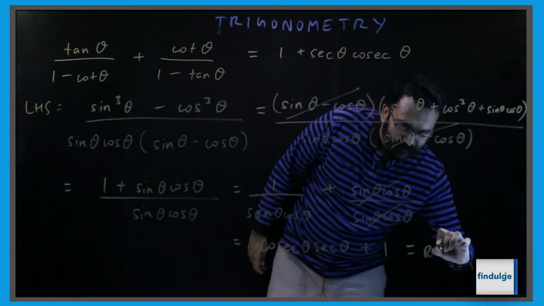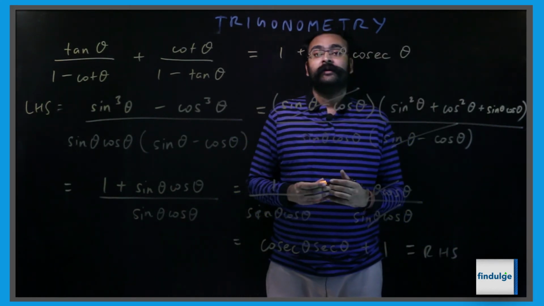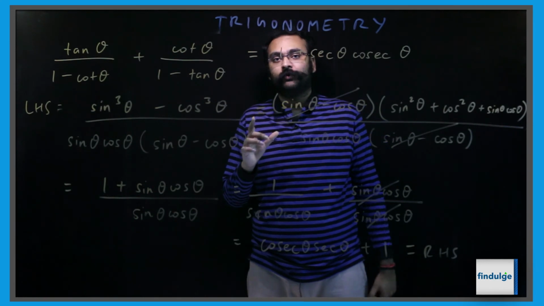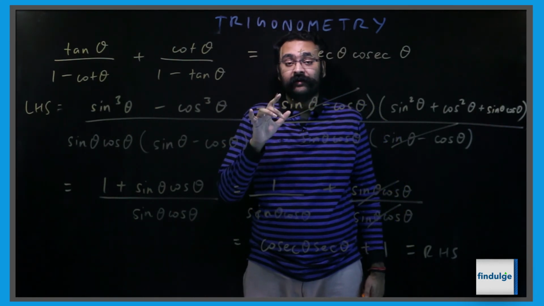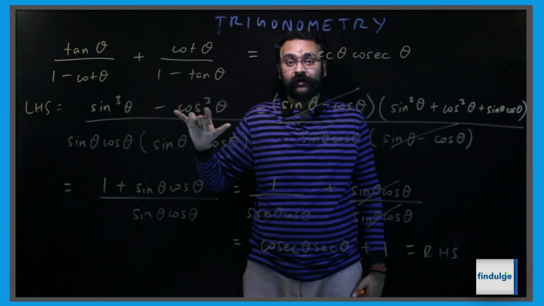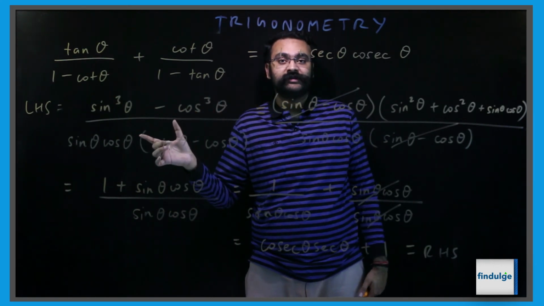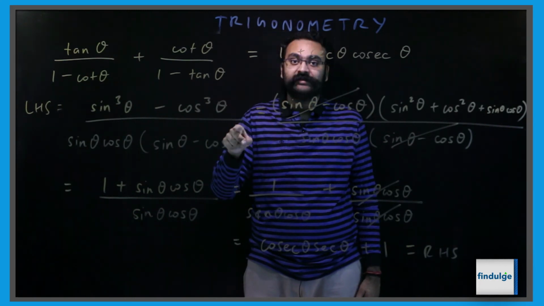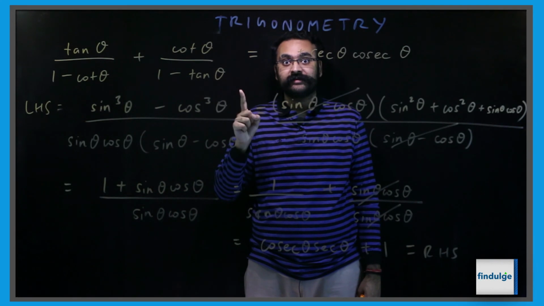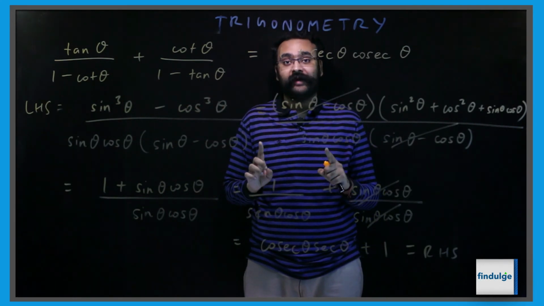So this is actually a very important question, because anytime you have a question where you see that you have two fractions, one of them has sine theta minus cos theta and the other one has cos theta minus sine theta, this is the question where you take minus common and simplify from there.